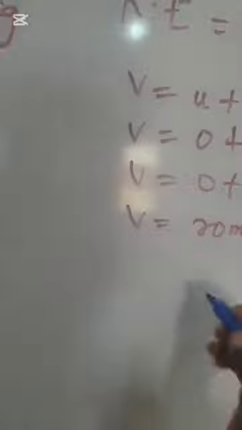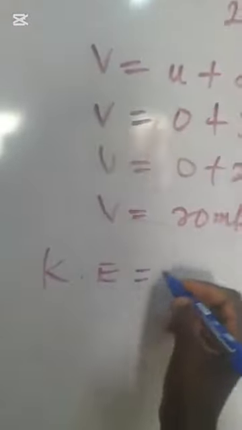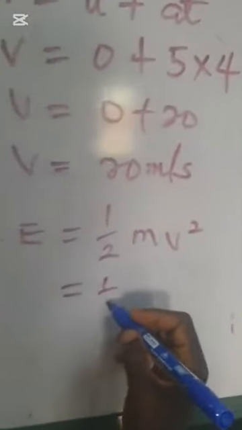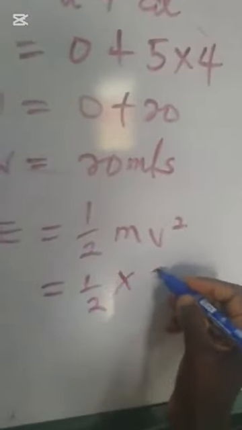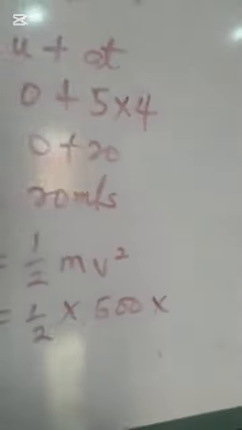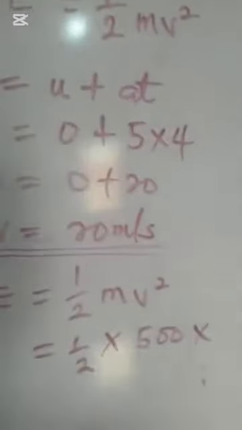Now inserting it into the formula, Ke is equal to half mv square. So now we can say 1 over 2 multiplied by 500, which is our mass, 500 kilogram, multiplied by our velocity, which has been gotten now, 20 square.